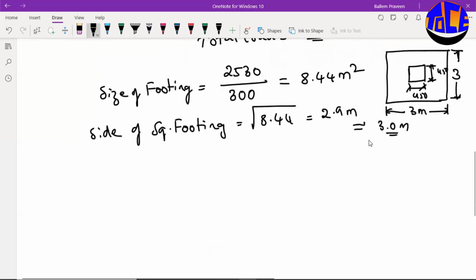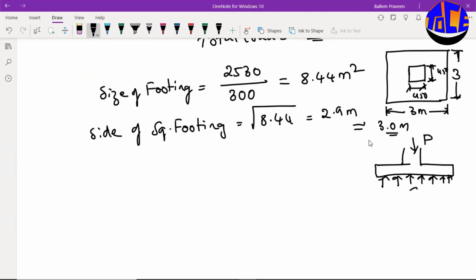Now let us calculate the uplift pressure at the bottom of your footing. Below this footing you will have the pressure which is counteracting the load coming over the footing, that is the total load of 2530 kilonewtons.